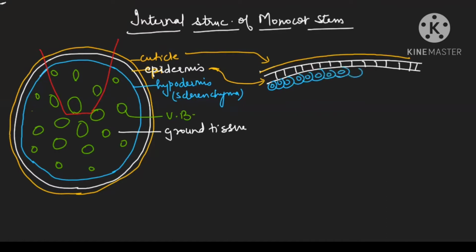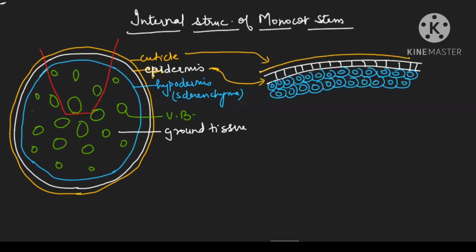And you know very well, sclerenchyma cells are dead because of lignin deposition, and they make it rigid, so it is responsible for rigidity. Remember, in the dicot stem, the hypodermis was made up of collenchyma, which was responsible for elasticity, and this is responsible for rigidity. So I hope this much is clear to you.